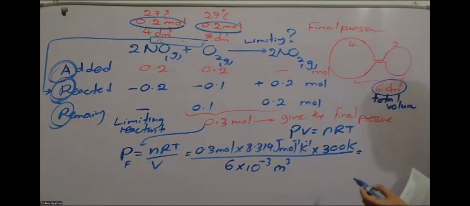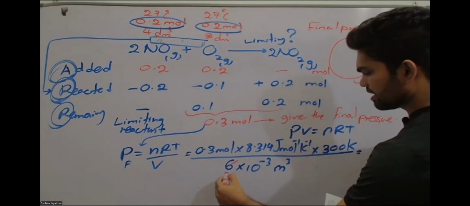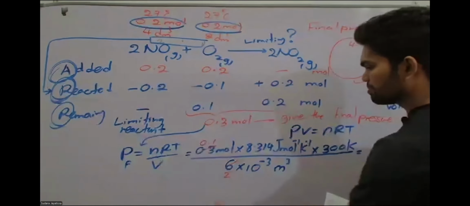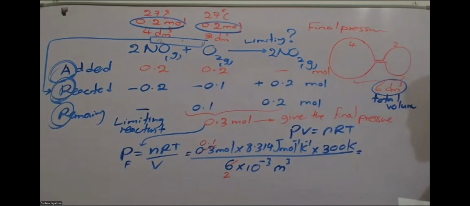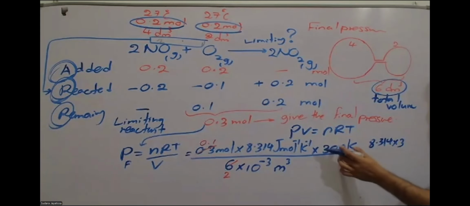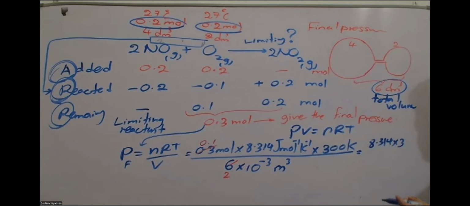So I'm going to cancel the numbers here with a pencil. Cut this one, and here 2. Here you have 0.1. You carefully simplify this. You will have 8.314 into 300, and I'll take the 100 out, and there is a 0.1 also.